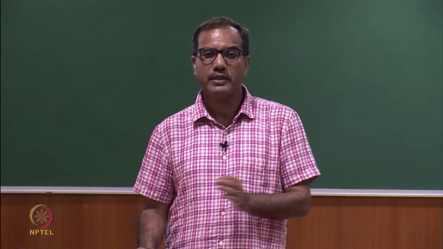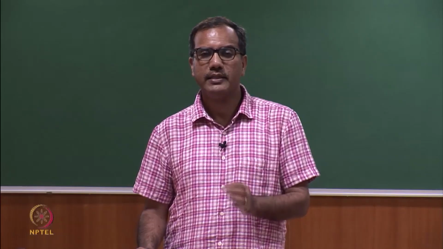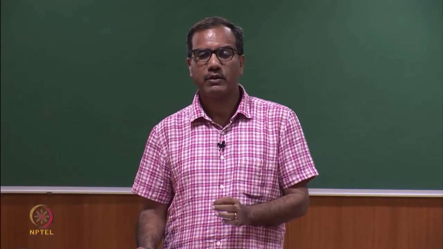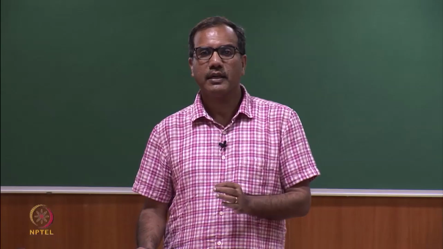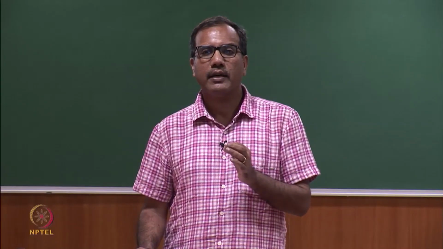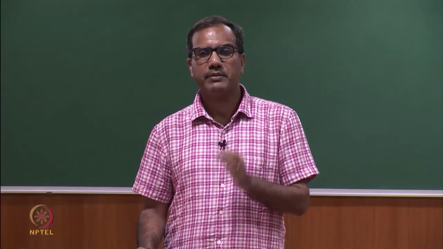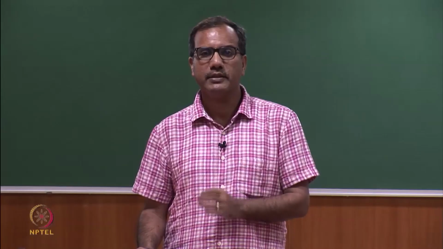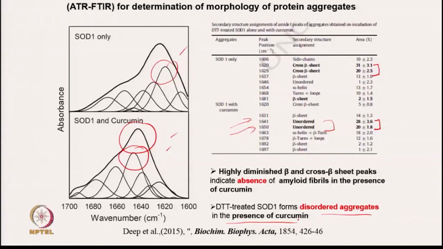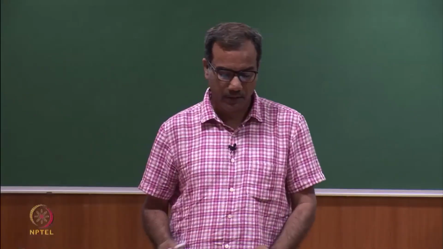So, what you have seen is that highly diminished beta and cross beta sheet peaks indicate absence of amyloid fibrils in the presence of curcumin. DTT treated SOD1 forms disordered aggregate in the presence of curcumin, whereas DTT treated SOD1 forms amyloid in the absence of curcumin.